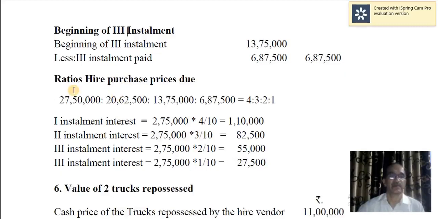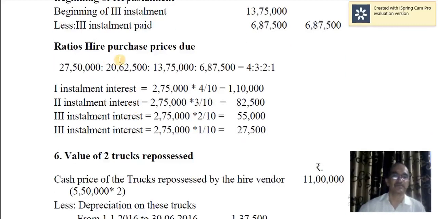Okay. So look at the values here: 27,50,000, 20,62,500, 13,75,000 and 6,87,500. So the ratio is 4:3:2:1. The total interest is apportioned like this.